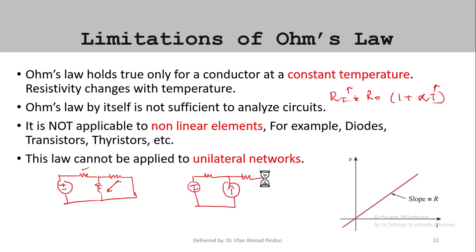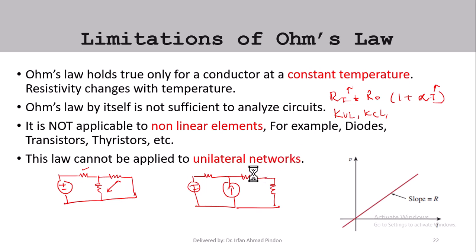Now if I ask you to find the current or voltage, it will be difficult to solve, because there are multiple sources. We cannot directly do the series-parallel reductions over here. That is why Ohm's law is not sufficient to analyze circuits, and that is why we have to study other things like KVL, KCL, and Thevenin, Norton, etc.